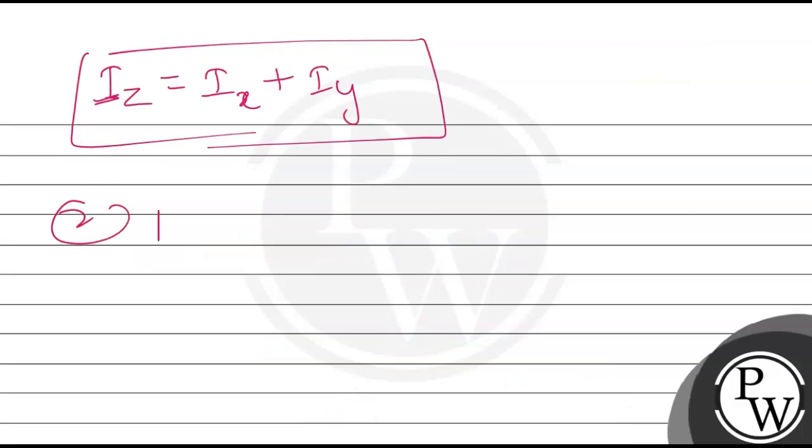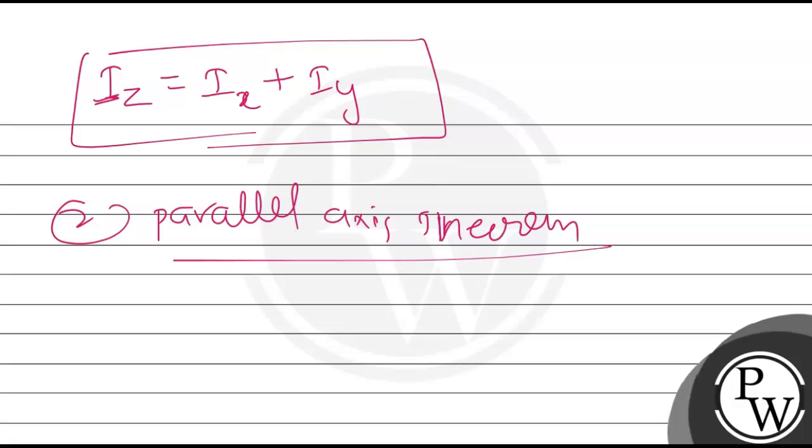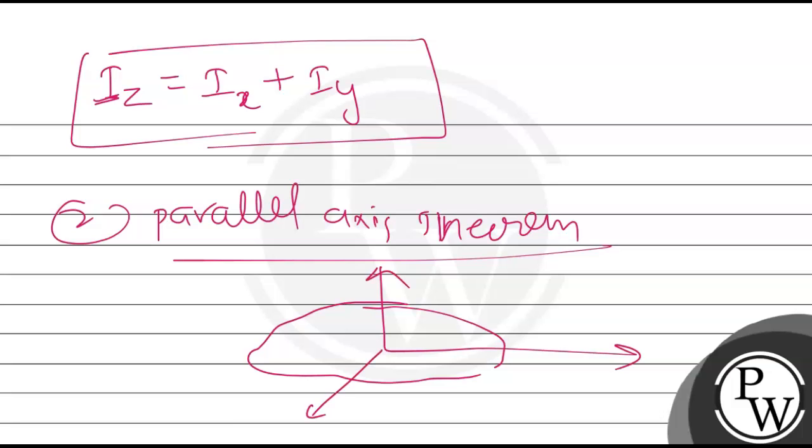Similarly, the parallel axis theorem can be written as follows. Let us suppose this is a two-dimensional body. This is the x-axis, this is the y-axis, and this is the z-axis, and we are given the moment of inertia about the center of mass in the z direction.